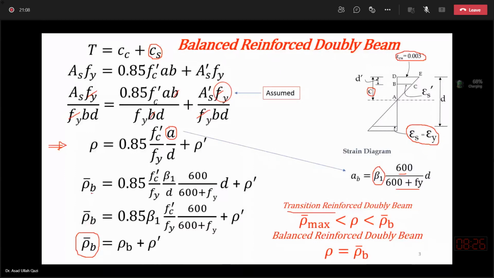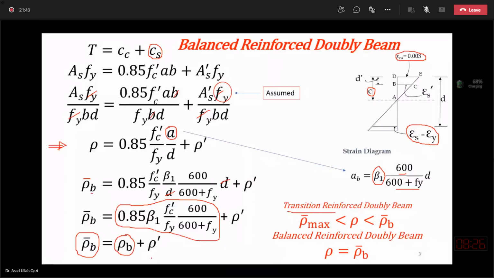In this way again you will rearrange the terms when you substitute A with AB, and you will have cancellation of D and D. Once you rearrange, it is interesting to note that the first component on the right hand side is rho balanced of singly beam. So it means rho balanced of doubly beam is equal to rho balanced of singly beam plus rho prime.